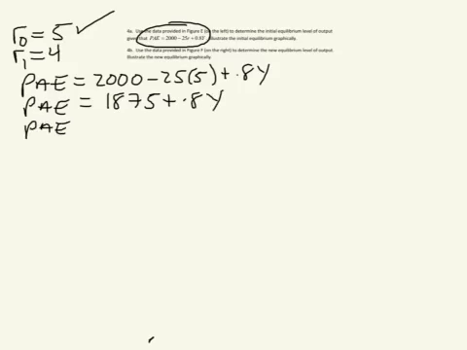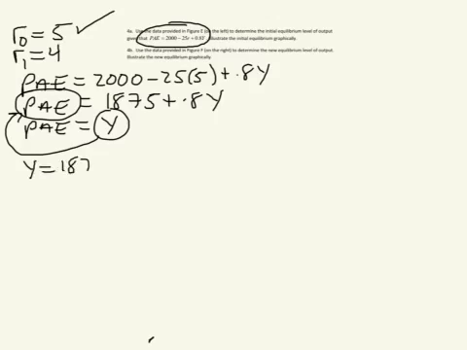At equilibrium, spending and income are the same, so I'm going to plug that right in there. So y is equal to 1,875 plus 0.8y. So y minus 0.8y is equal to 1,875.